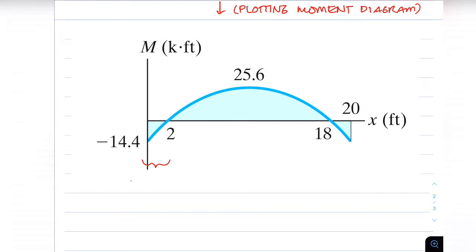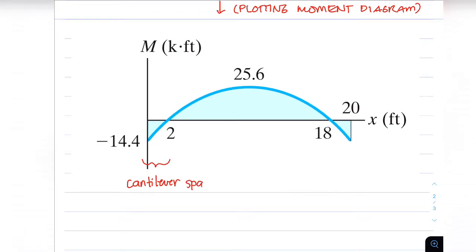Now, plotting our moment diagram, we will have this. At joint E and joint F, we have a value of negative 14.4 moment.